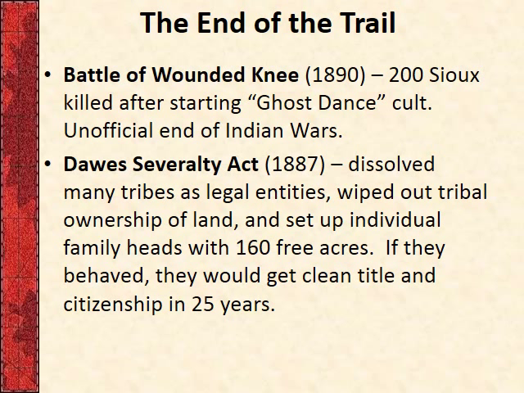And as long as they improved it and stuff like that, they got clean title. They're trying to do the exact same thing with the Indians here. The problem is that it doesn't work, and that the Indians' culture is so much different than white or black culture that they're just not used to this type of structure, and so many of them end up giving away or selling away their land to unscrupulous speculators, and then they have nothing.